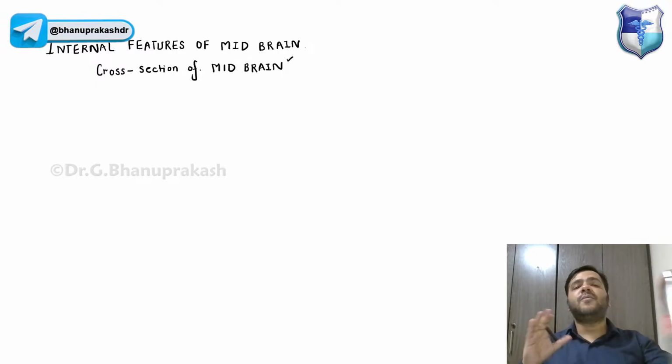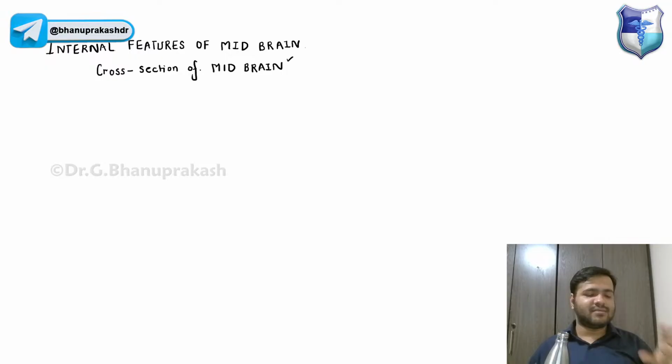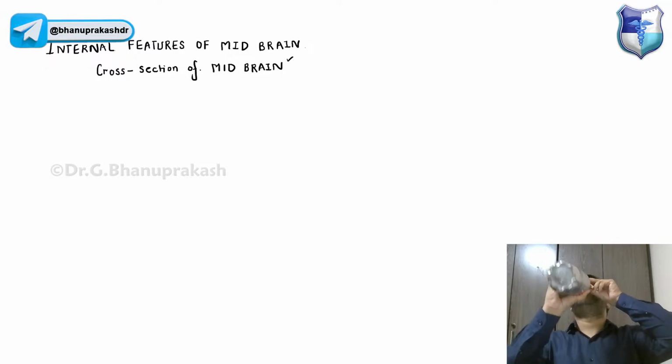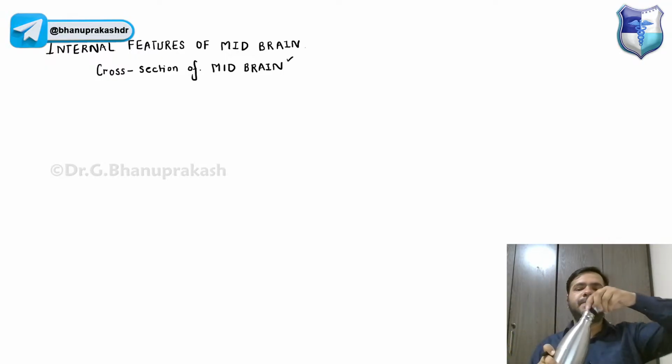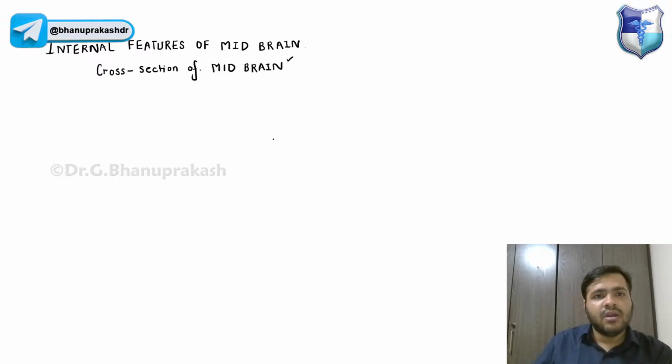First, we will try to form the boundaries, just the basic morphology that we will be discussing here. Later I will tell you in detail, guys. Let me just show you how the cross section looks.